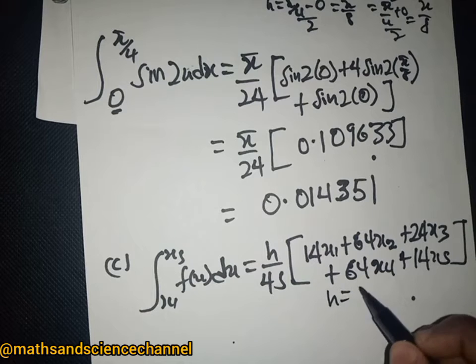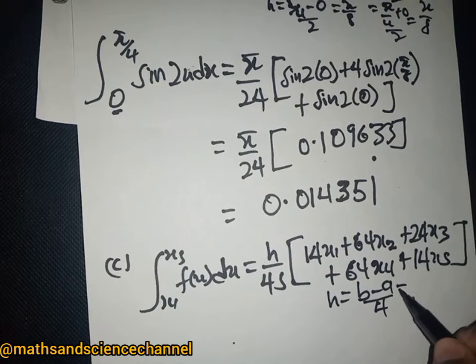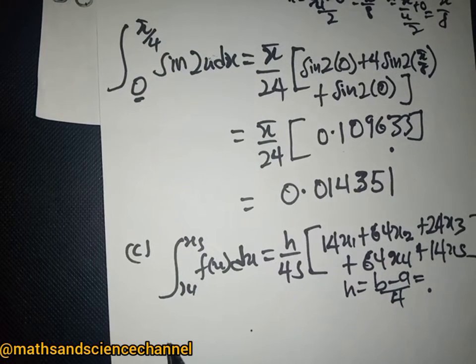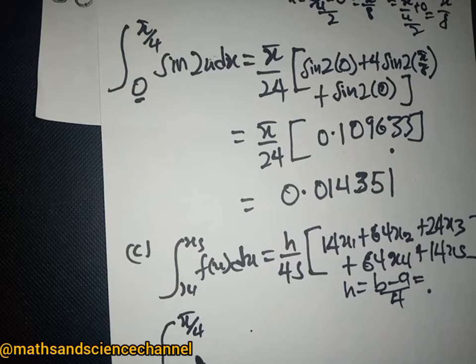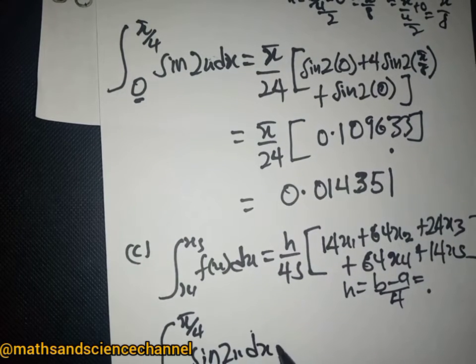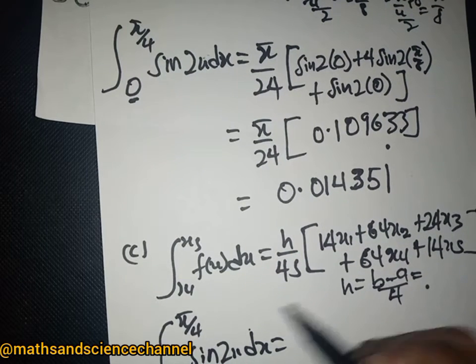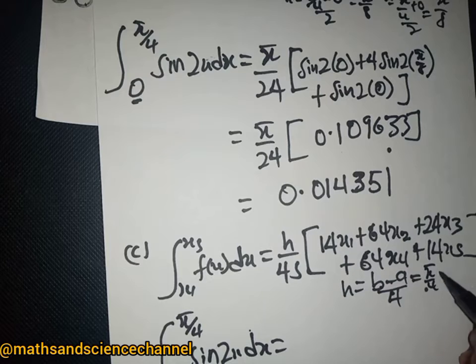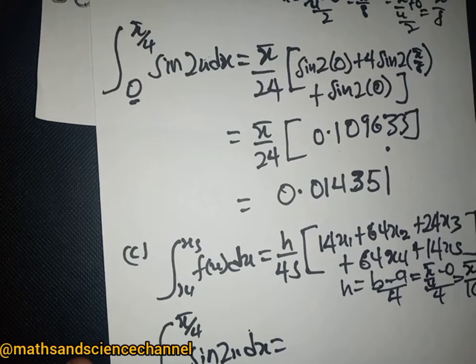Now h here is given by b minus a divided by 4. From the question we have pi over 4, we have 0, and we have sine 2x dx. So h is just pi over 4 minus 0, divided by 4, and this is going to give us pi over 16.